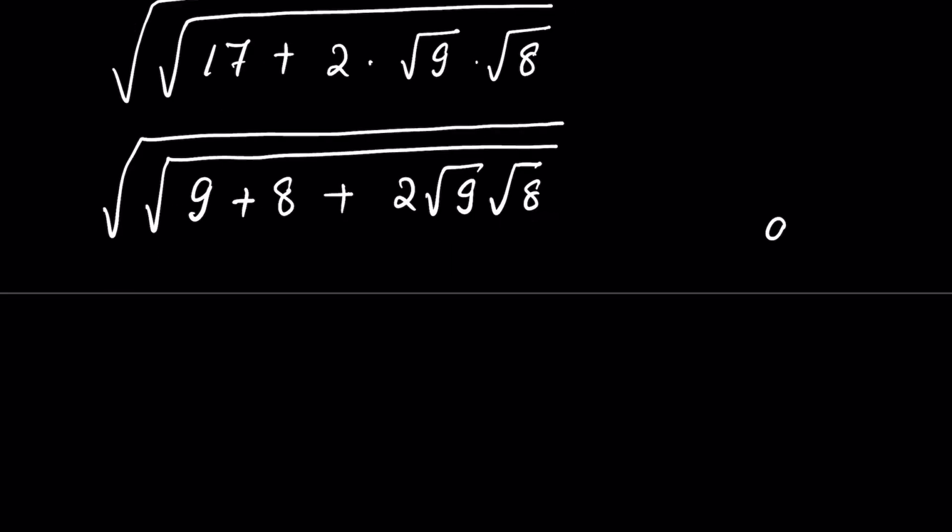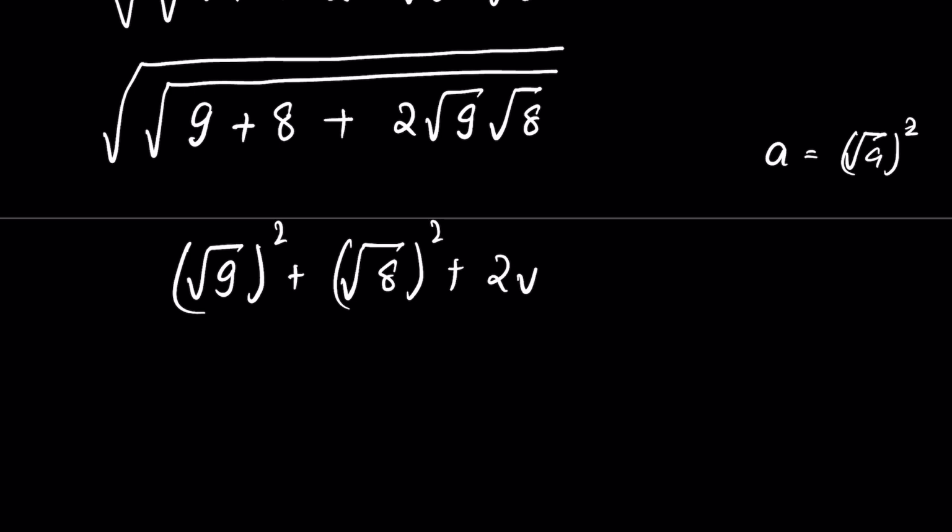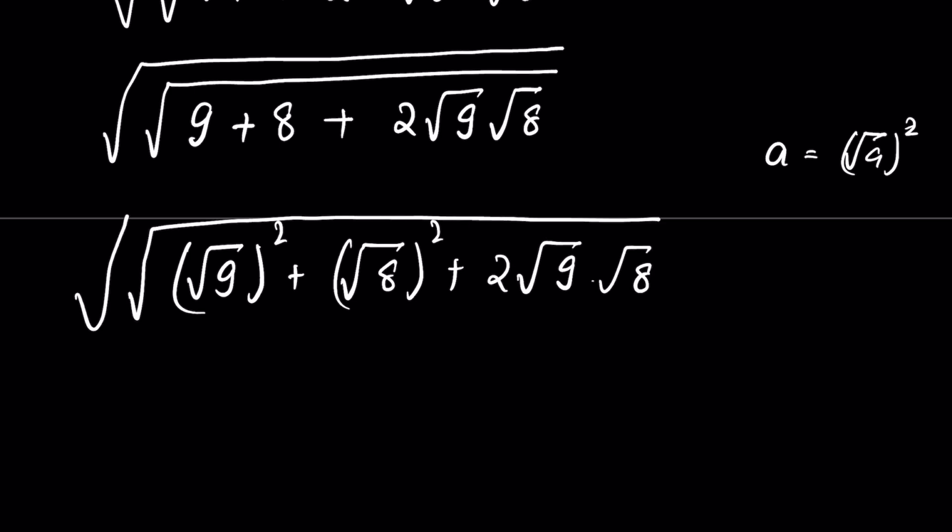Now a we can write as the square root of a squared, because this square root gets removed with this square. So 9 we can write as the square root of 9 squared, plus 8 as the square root of 8 squared, plus 2 times the square root of 9 times the square root of 8, under the square root.